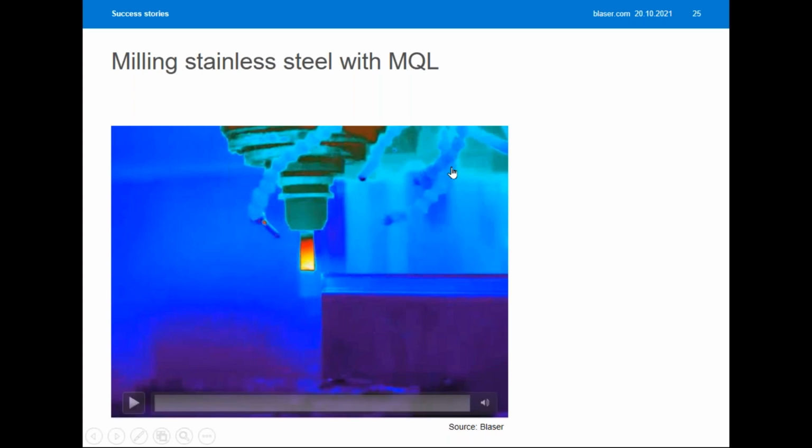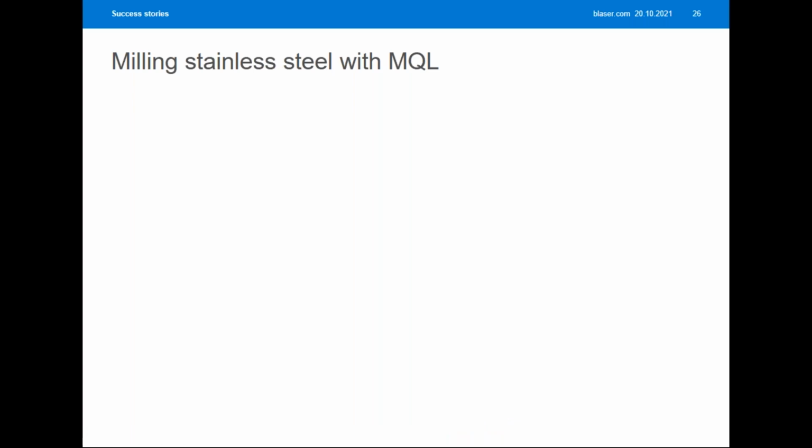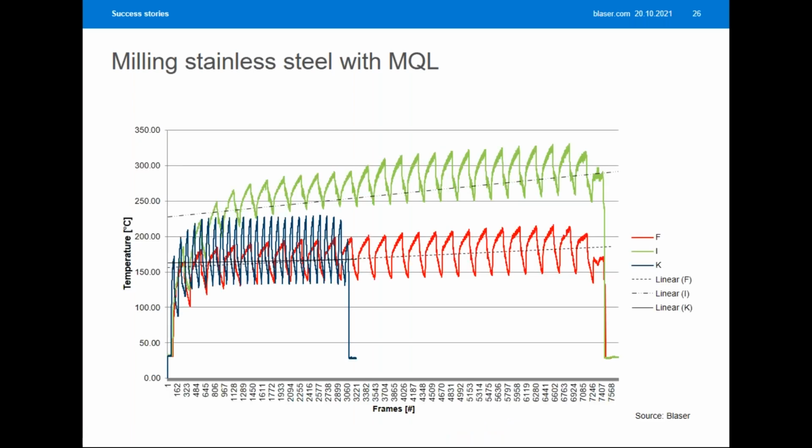Like room temperature, 20 degrees, and we were analyzing the temperature in the tool again. We developed a baseline, dry cutting, you see the green curve, and then with the red curve we were introducing our oil to the process, and the black curve is where we increased the productivity.